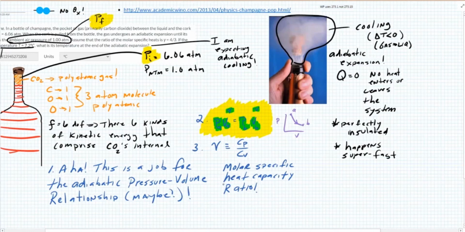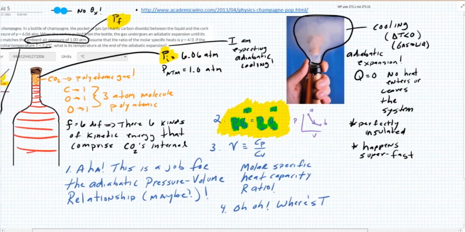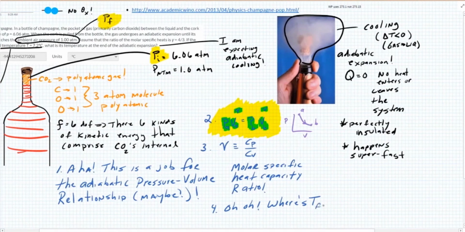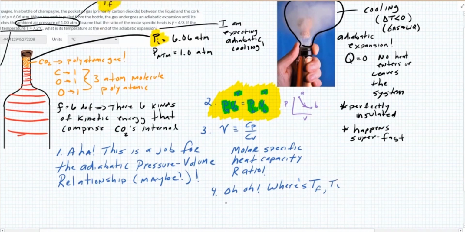What are we solving for? What is the temperature? Where's T? Temperature is my $sign. It says, what's the temperature at the end of this? Where's T final? Where's T initial? So at this point, it's time to make one more adiabatic introduction.